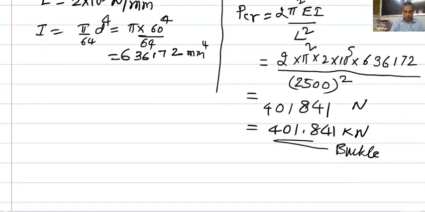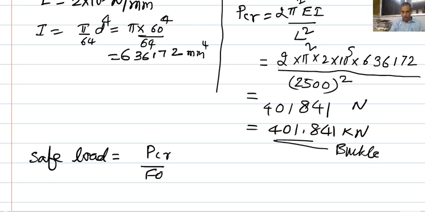That means we know, as from the applied mechanics, the safe load is nothing but the actual load divided by factor of safety. That is 401.841 kilonewton divided by 3.5, right?